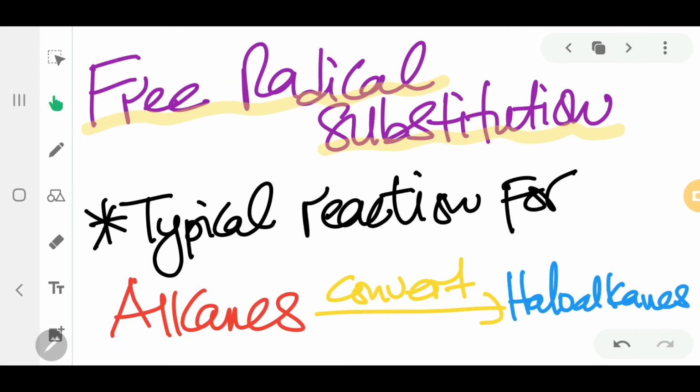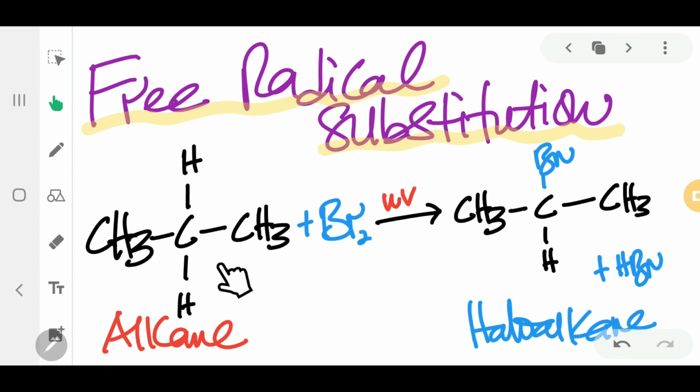Free radical substitution is typically a reaction for alkanes converted into haloalkanes. You have an alkane reacting with a bromine molecule in the presence of UV light, and one of the H atoms is substituted with Br. So this is free radical substitution.